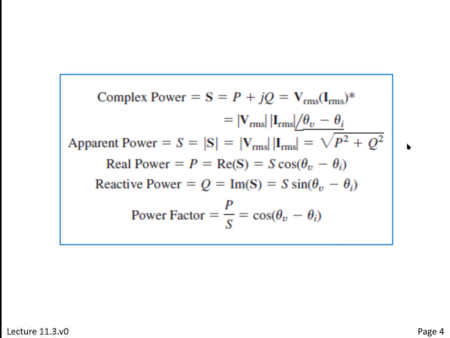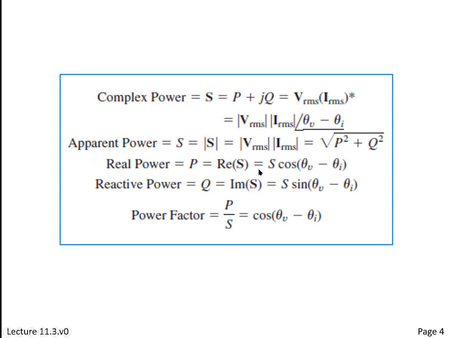I copied it here that lists all of this complex power, its apparent power, and it's real plus reactive, and it's the RMS voltages and currents with those being complex conjugates of each other. Okay, and here's all the details of that, repeated for us.